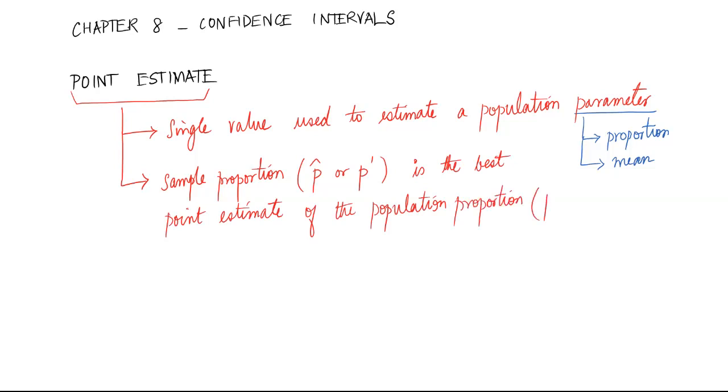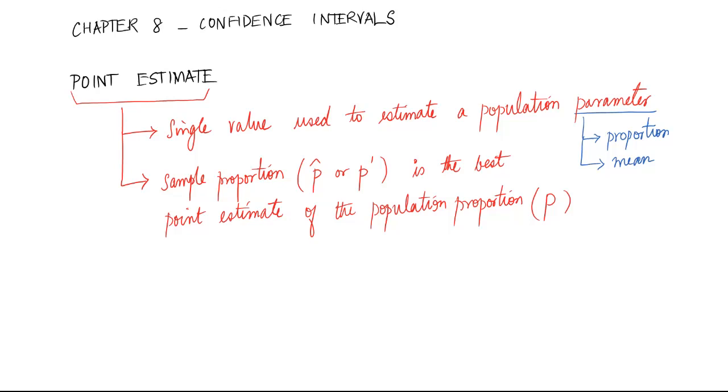And the notation for this is just p, okay? Both are lowercase p's, the sample and the population, but the sample has the p hat or the p prime notation, and the population proportion just has the p.